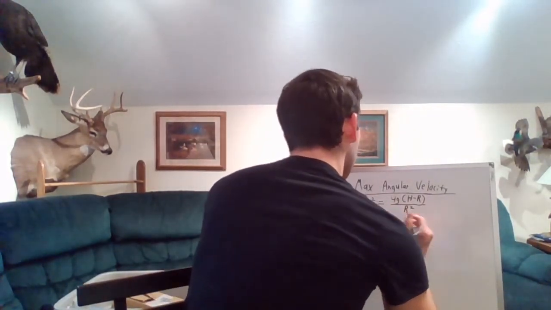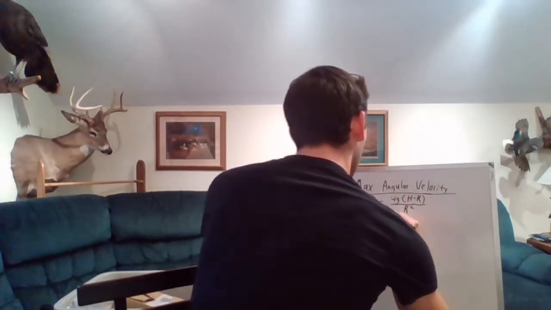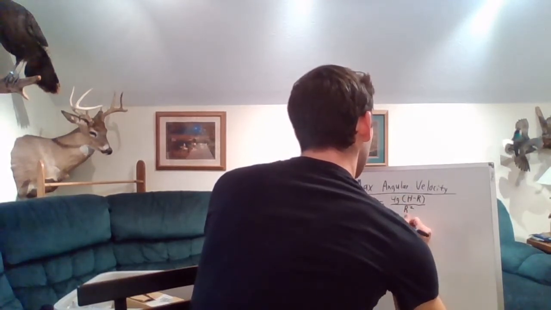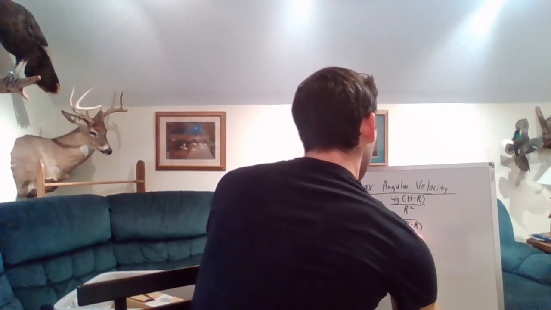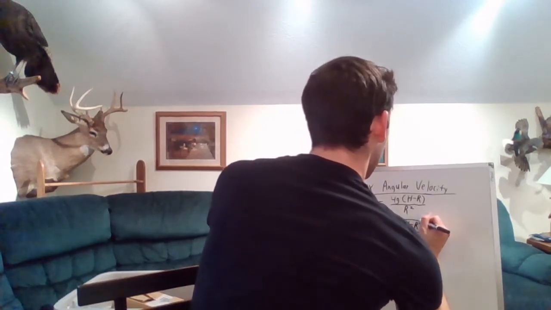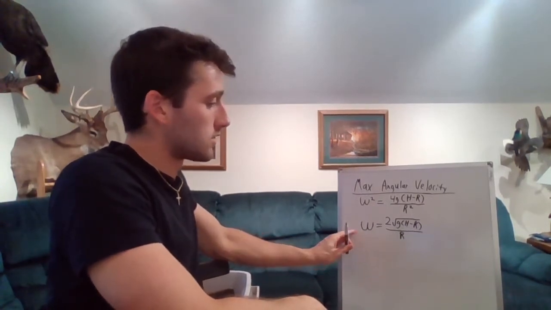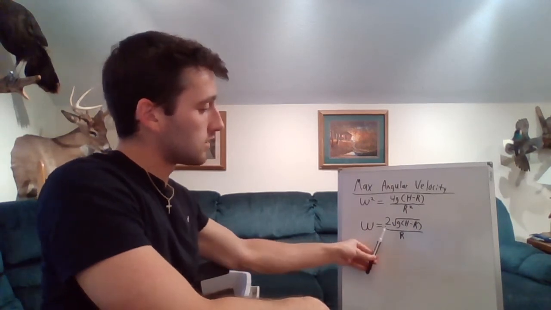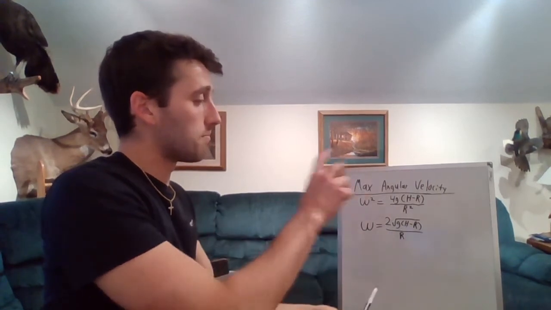So we are going to get 2 square root of G times H minus R over R. So this is our final answer, in which this is the angular velocity, G is the gravity constant, and H is the max height.